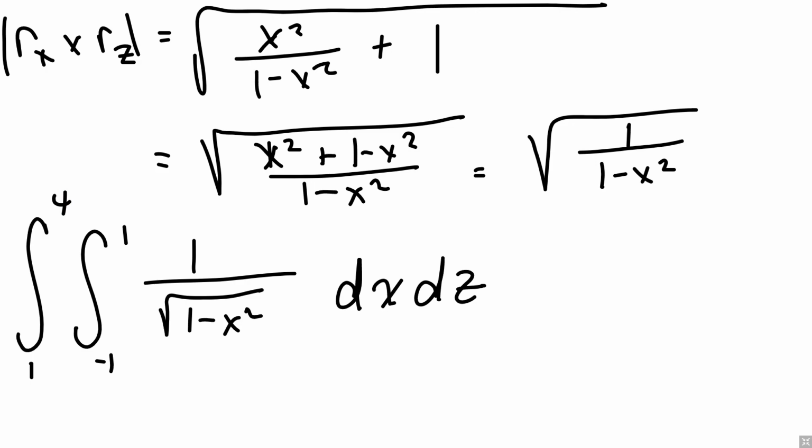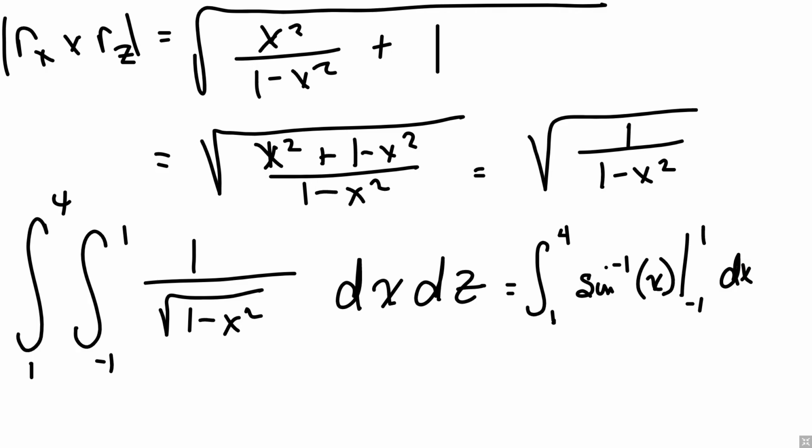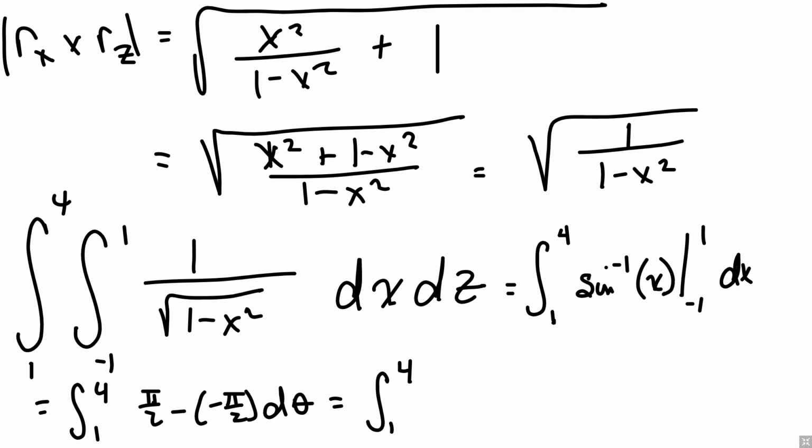So if I take the antiderivative of this, it's going to be the integral from 1 to 4, and we're going to end up with the sine inverse of x, evaluated from -1 to 1, dz. Okay. So we're going to have the integral from 1 to 4. Sine inverse of 1 is going to give us pi over 2, minus sine inverse of -1, which is negative pi over 2, dz. So I have the integral from 1 to 4 of pi dz.